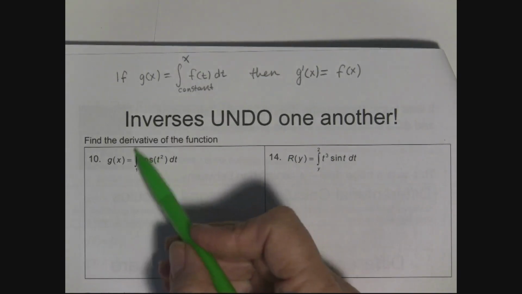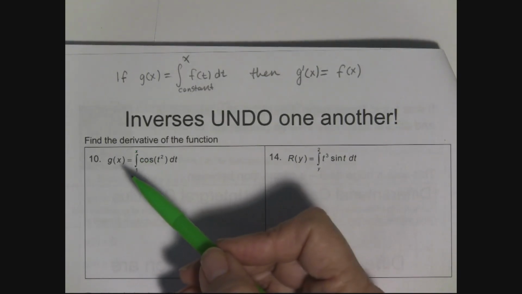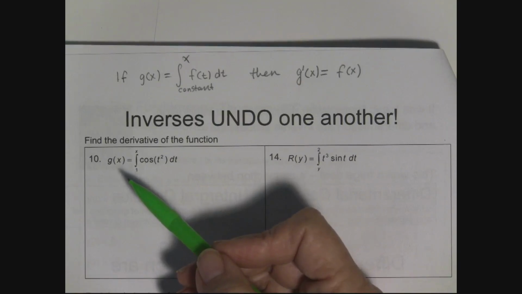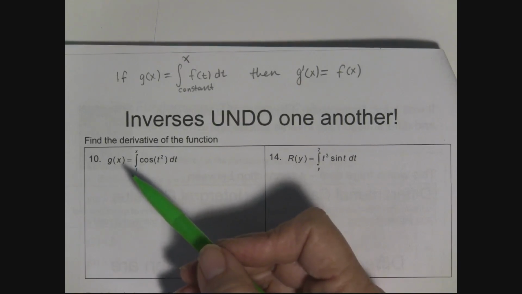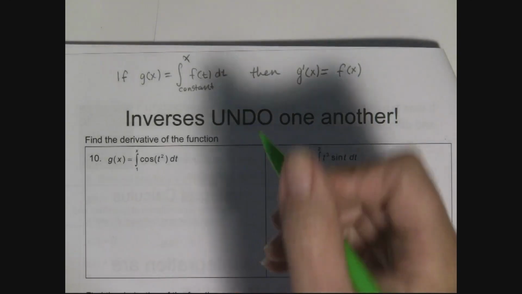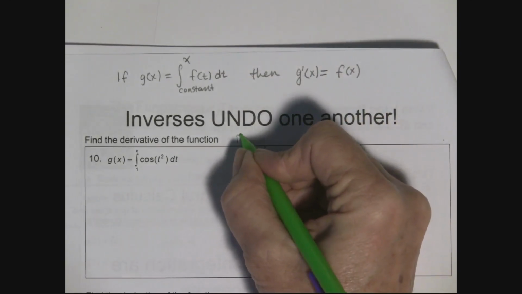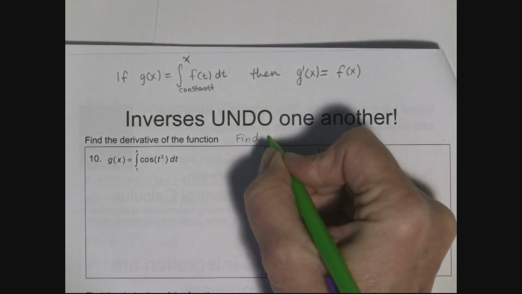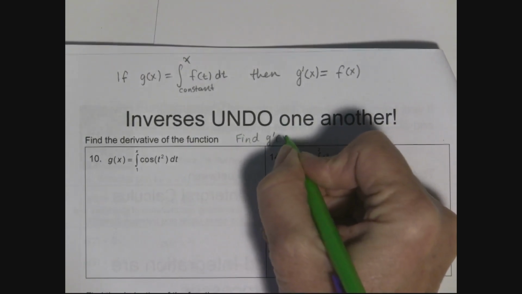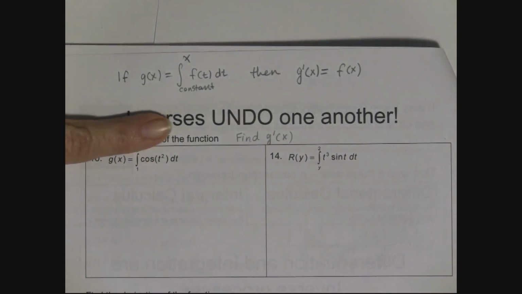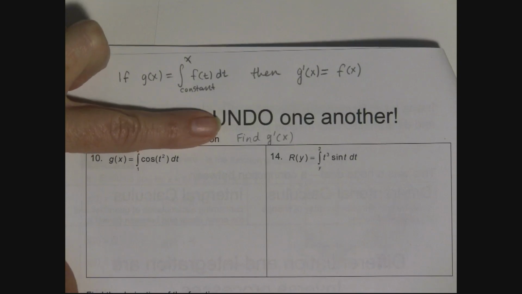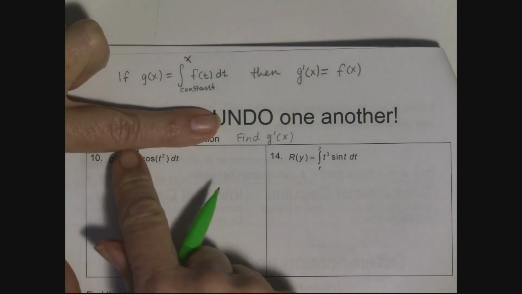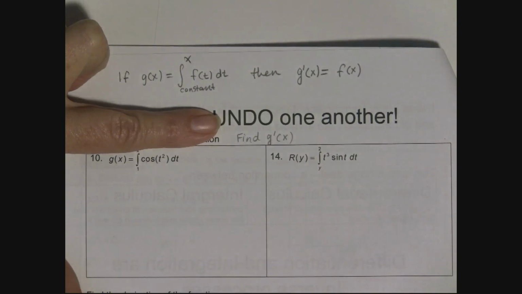And this is the notation that they've chosen to use, and they've asked you to find the derivative in words. Another way that they could ask you to find the derivative is they could have asked you to find g prime at x, and then not use words to find it. They could have just said, find g prime at x for number 10. For 14, it would be something different because of different variables kind of going around.